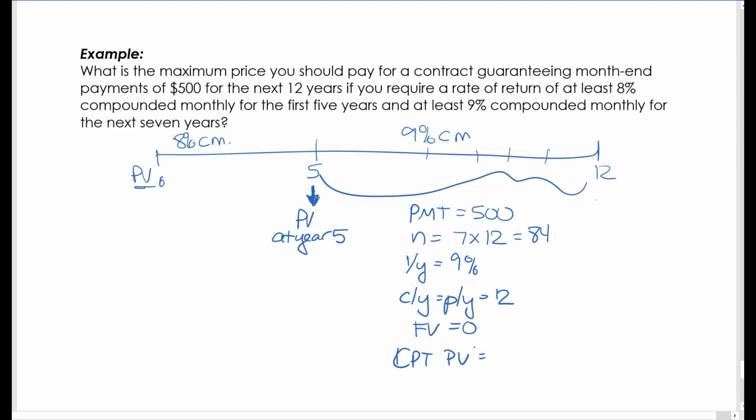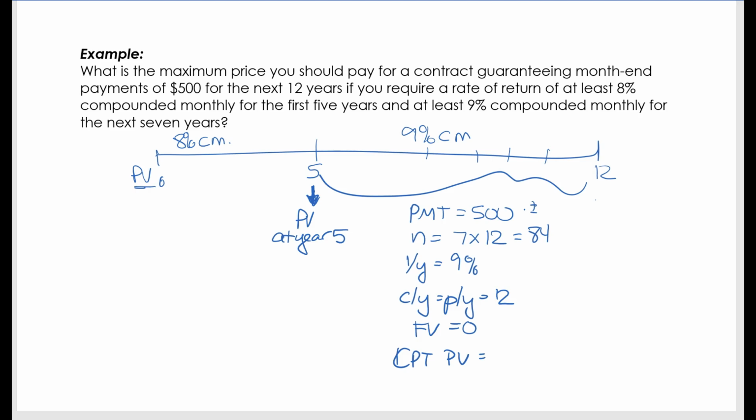So if you put that in your calculator, make sure it's negative payments. Negative 500 payment, 84 N, 9 I/Y. Second I/Y gives you P/Y, which is 12. Enter, and then go up and CY should automatically be entered as 12.